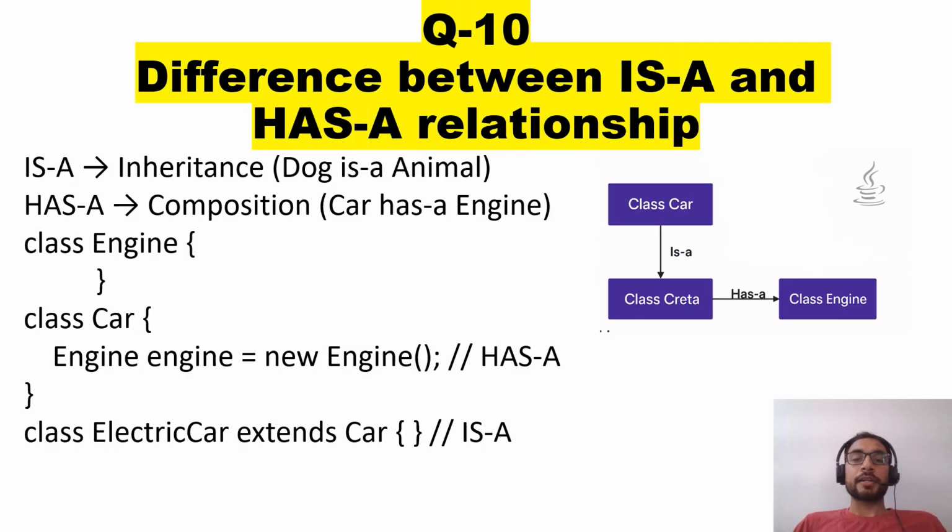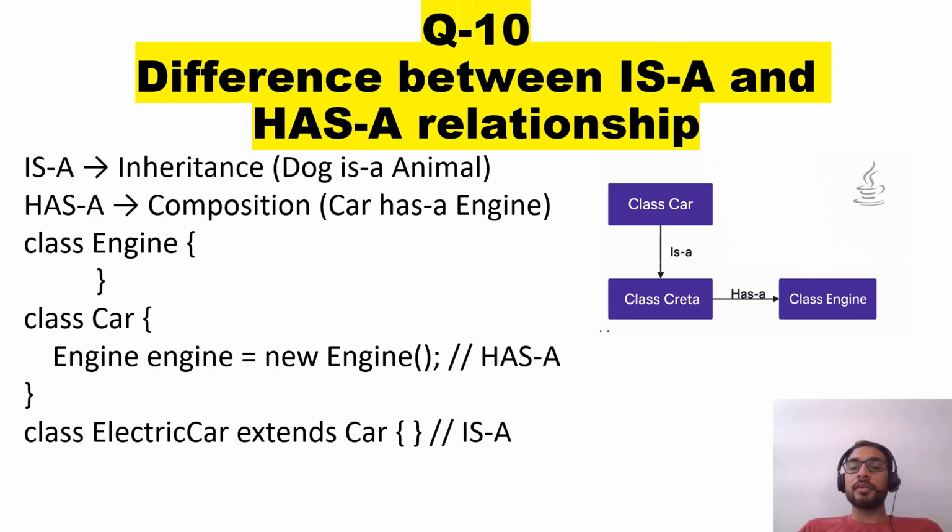Next, difference between is-a and has-a relationship. Is-a means inheritance. For example, Dog is an Animal. Has-a is composition. For example, a car has an engine. So we have a class Car, class Engine. In class Car, an Engine object, engine equals new Engine. It means has-a: Car has an Engine. Class ElectricCar extends Car. It means is-a relationship.